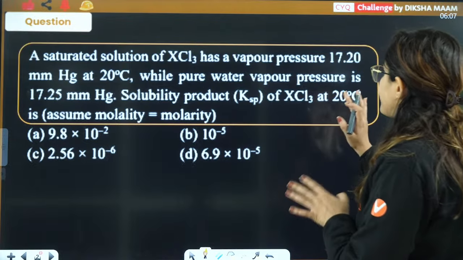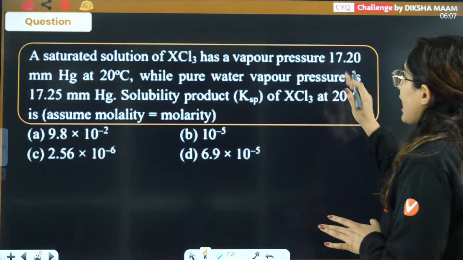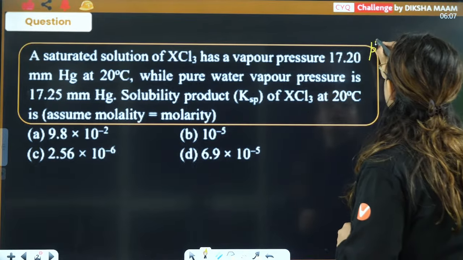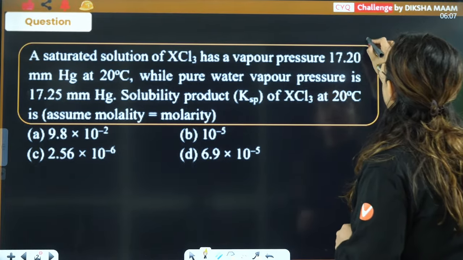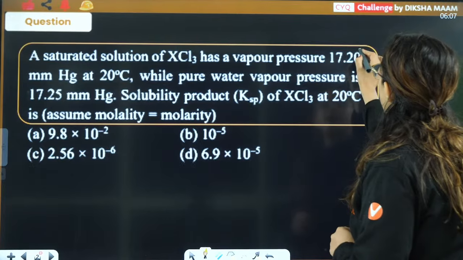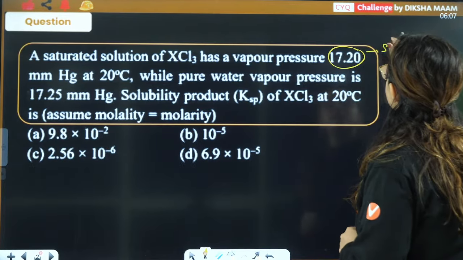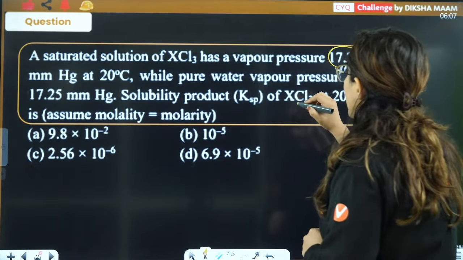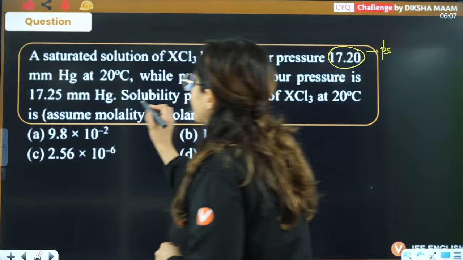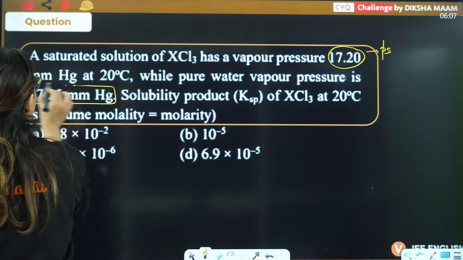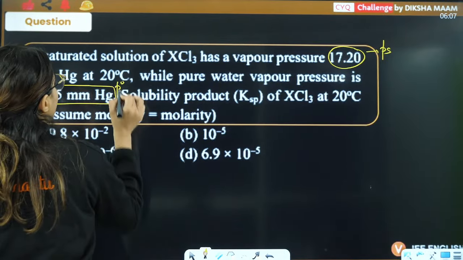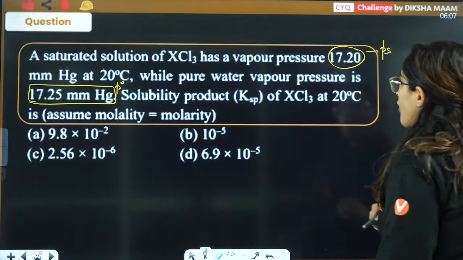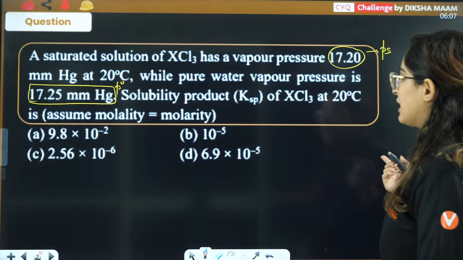This is the vapor pressure of the solution, Ps, and this is the vapor pressure of pure water, the solvent, that is P naught. You have to find the solubility product of HCl3.